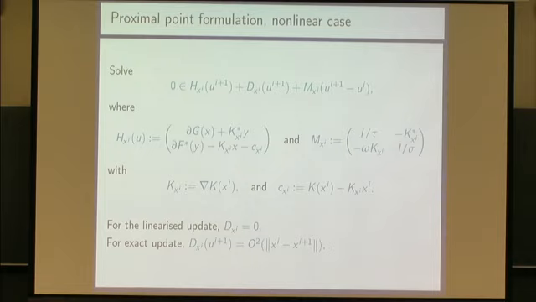First of all, at each step, we basically consider a local linearized problem. So now the monotone operator depends on the current primal variable. So likewise, the preconditioning matrix depends on the current primal variable. And then we have kind of discrepancy term here, which, and this is the important thing, for the linearized method is 0.